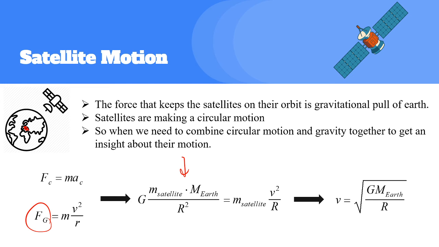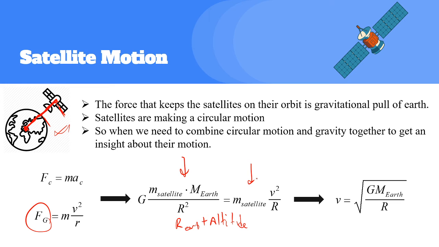We don't consider the radius of the Earth because the radius of the Earth is this distance, but you have a little bit more distance, and you cannot just ignore that distance because it is a significant amount. So it is the radius going from the satellite to the center of the Earth, or you can just put that as radius of the Earth plus altitude, which is this region.